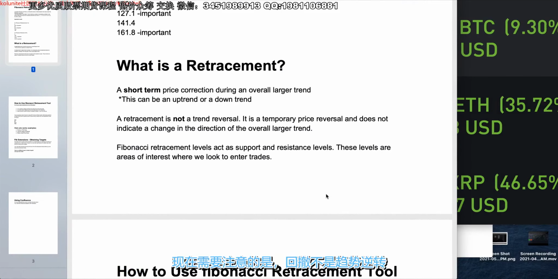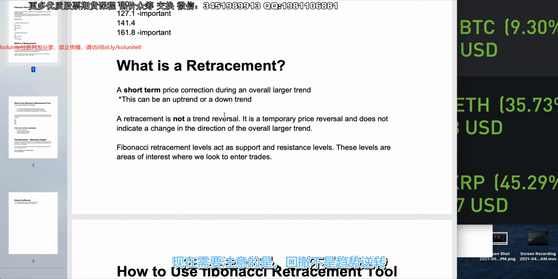Now, it's important to note that a retracement is not a trend reversal. Okay, a lot of people would consider something like this to be a downtrend. It's not a downtrend. When we look at the daily time frame, this is an uptrend, right? Right now we're in the middle of a consolidation period, but overall we have been in this uptrend for quite some time.